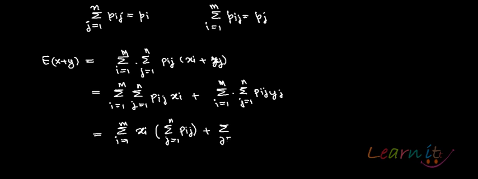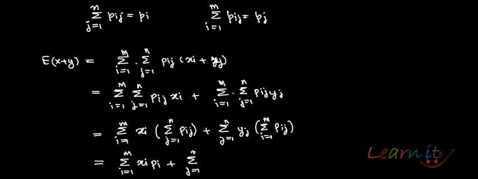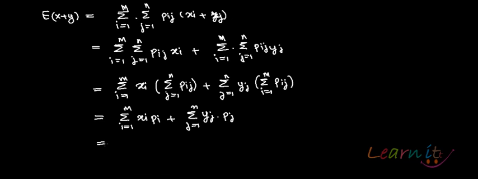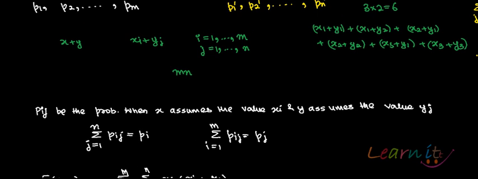Then you will have the summation of j starting from 1 to n, yj will come out, and the summation of i starting from 1 to m of pij. As you have already seen, the summation of j from 1 to n of pij is nothing but pi, and the summation of i from 1 to m of pij is nothing but pj. And this is nothing but E of x, and this is E of y. So E of x plus y is equal to E of x plus E of y. Is that correct?